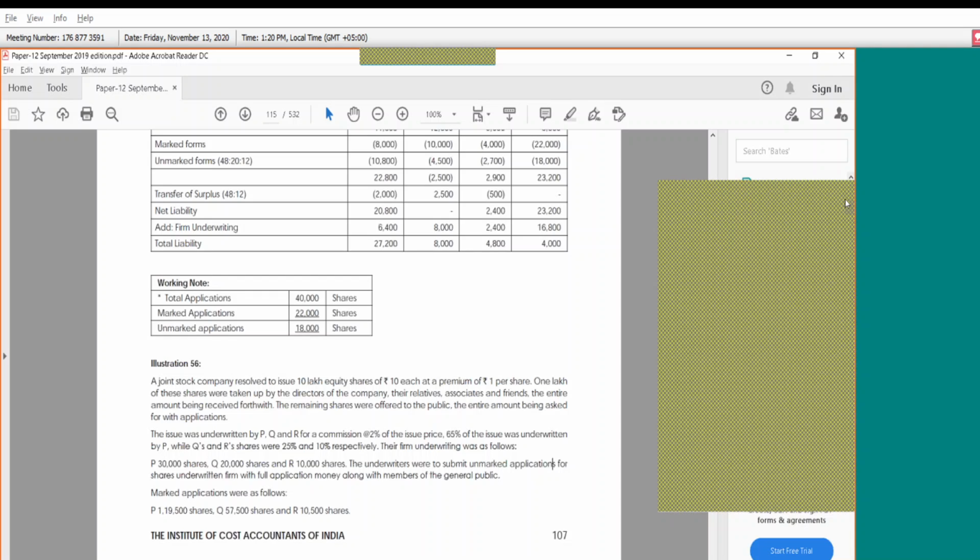But these underwriters, along with the general public, submitted this application. This firm underwriting is included under the unmarked application. That is what we are learning here. Along with the general public, this firm underwriter also went and submitted the application form. Okay?